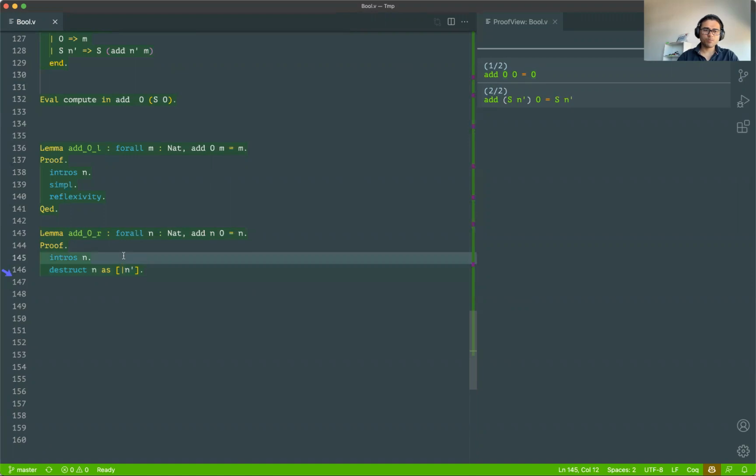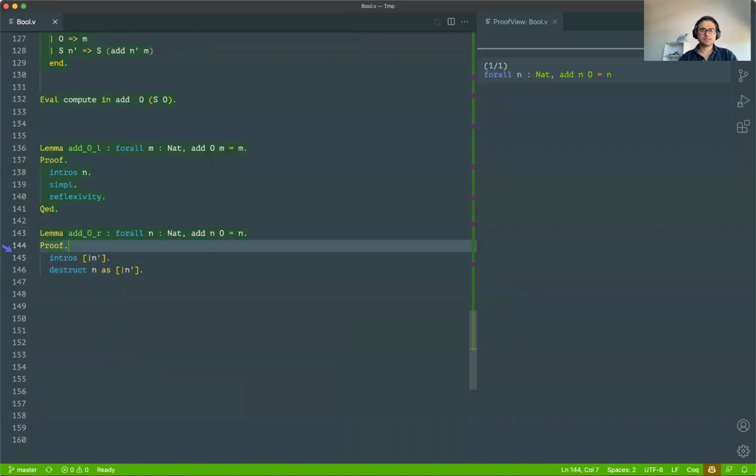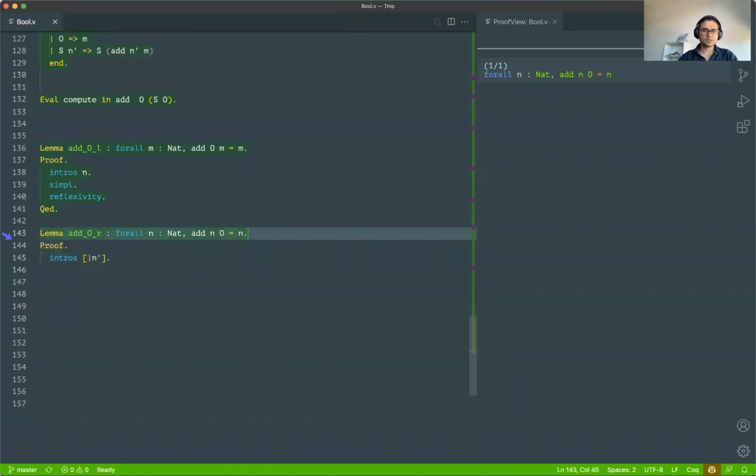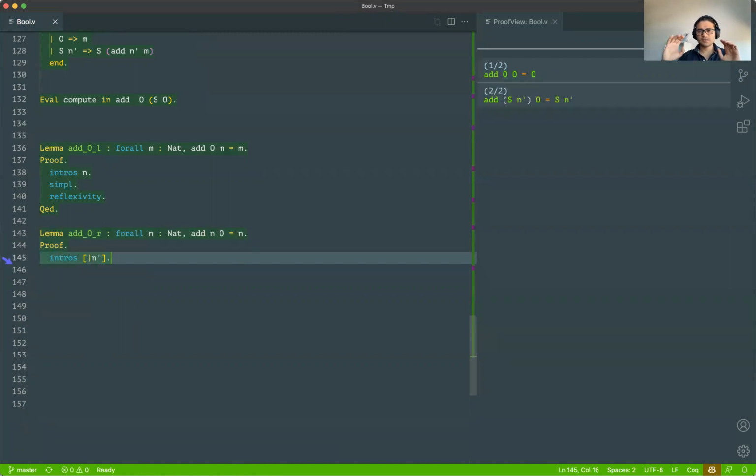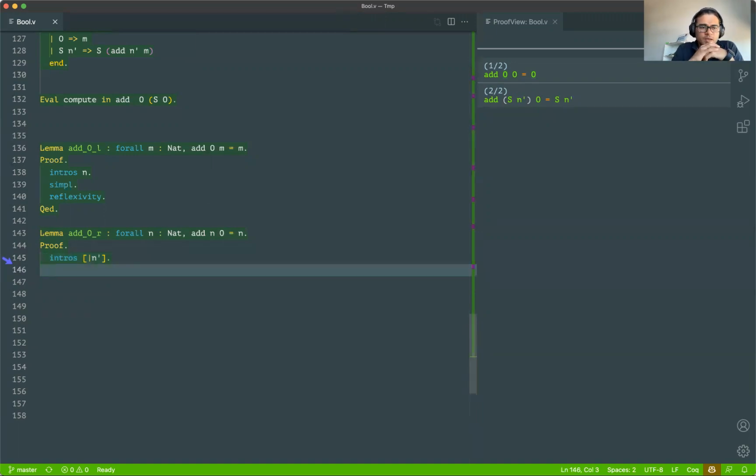Or maybe even better, you just use a simple intros pattern. So you saved a few keywords here. It did all the pattern matching while introducing the term. But let's prove this.